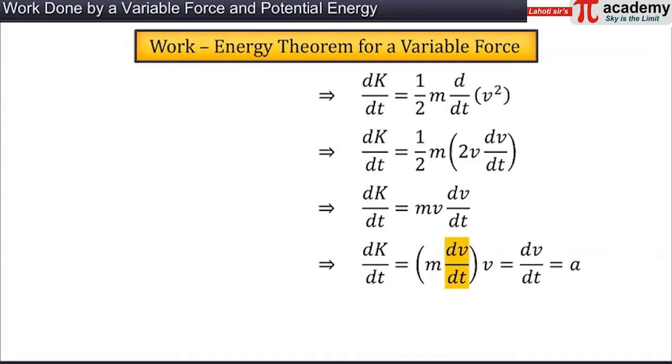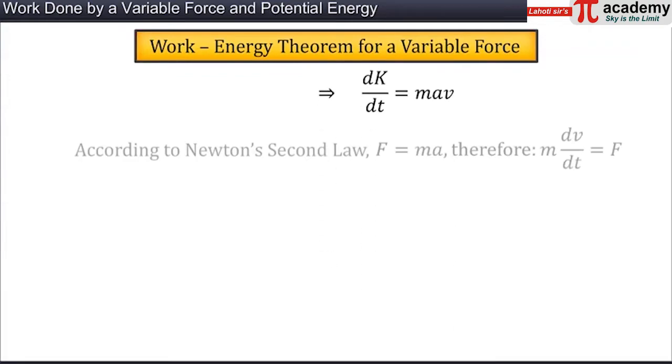On the right side of the equation, we know that dv/dt is the rate of change of velocity, which is the acceleration of the body. Thus, we get dK/dt = m a v. However, according to Newton's second law, F = ma.